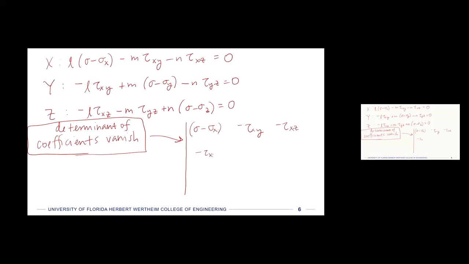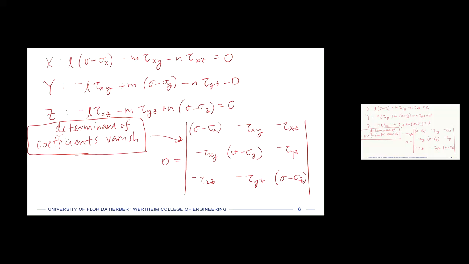Minus tau xy, sigma minus sigma y, minus tau yz, minus tau xz, minus tau yz, sigma minus sigma z. Okay, so here's a determinant of a matrix, and that has to equal 0. All right, sorry for that error.